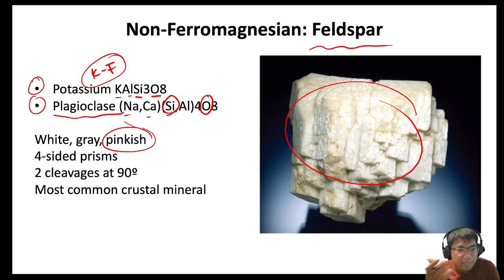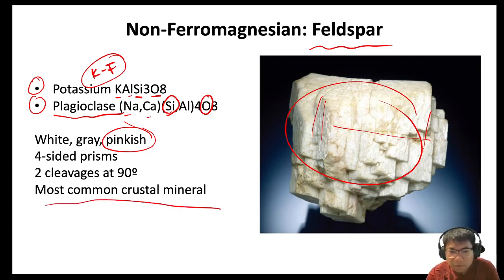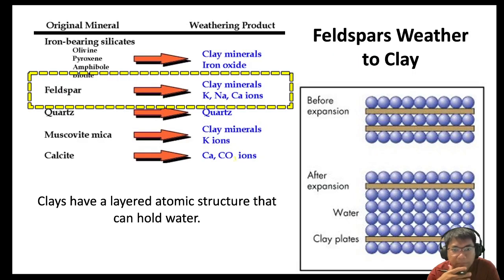It has four-sided prisms, and it has some cleavage right here. Cleavage is just a plane along which the minerals break, and again, feldspar is also one of the most common crustal minerals.